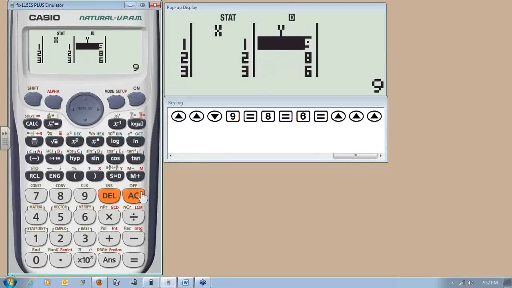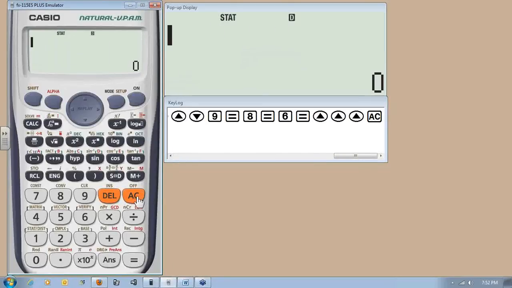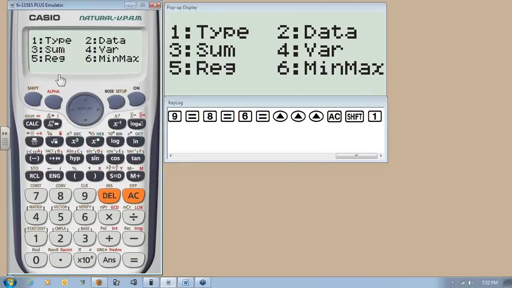I'm going to AC to get rid of that. Now what I want to do is I want to calculate the slope and the y-intercept along with the correlation coefficient. Shift, stat. Number 5 says regression. So let's see what number 5 gives us.